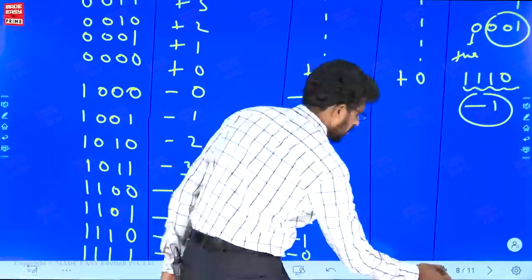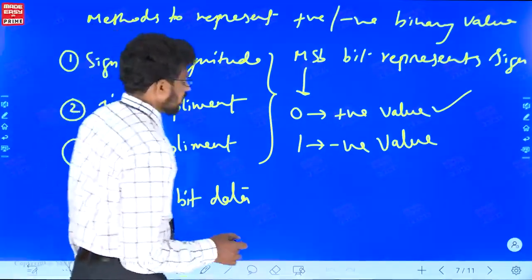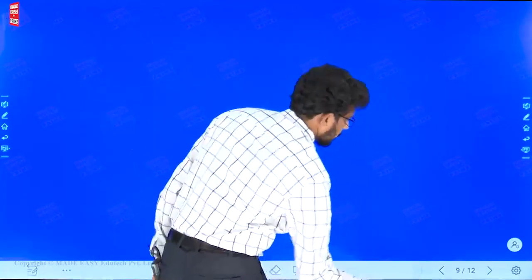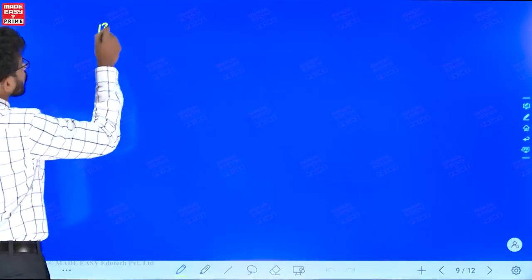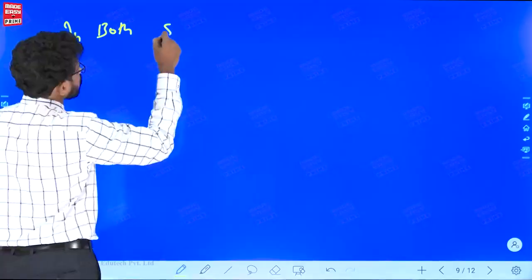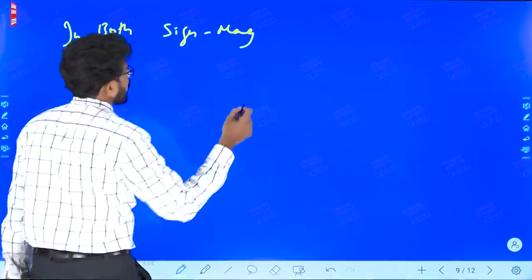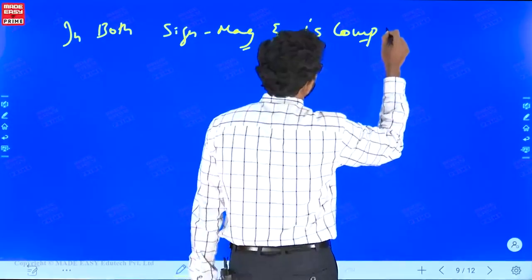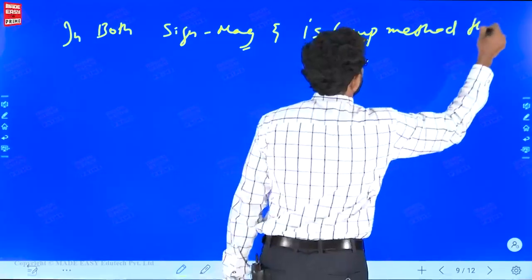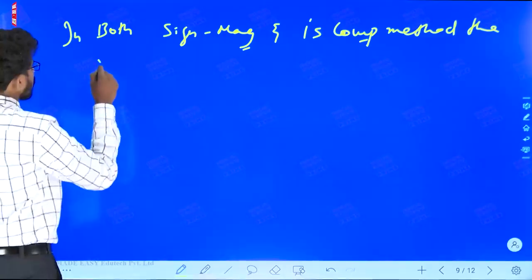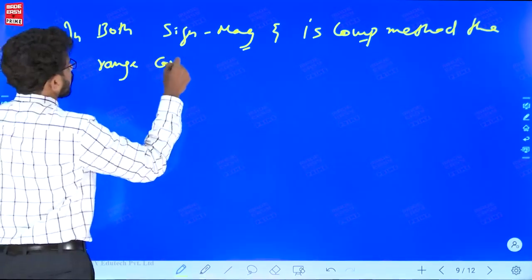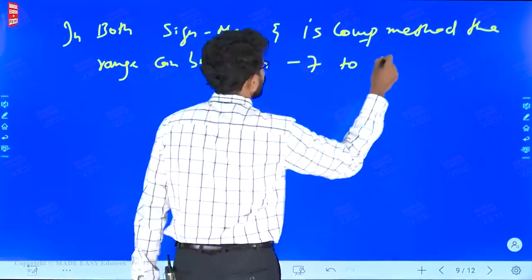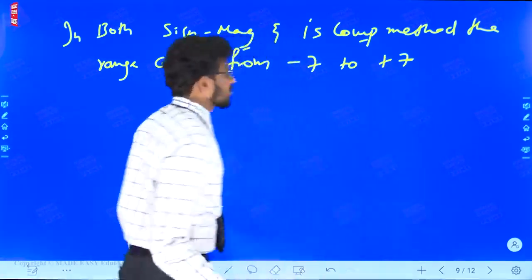What did you understand from this? Here, in both the sign magnitude and 1's complement methods, the range can be from minus 7 to plus 7.